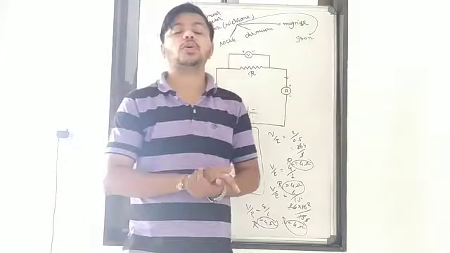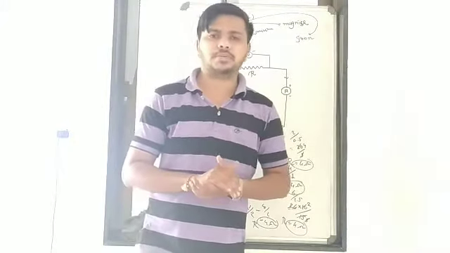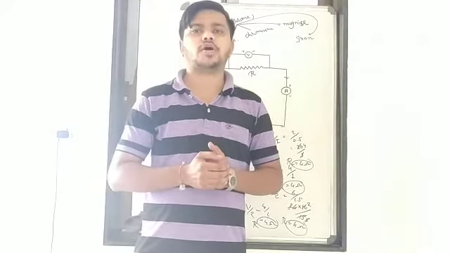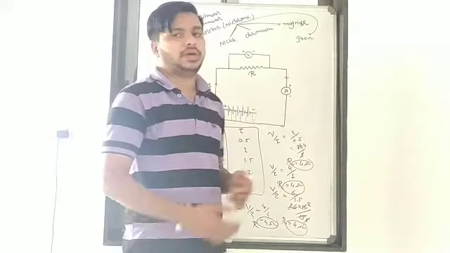What you have to do: first of all, you have to arrange all the apparatus as shown in the figure. Then you have to connect one battery and let the electric current flow from it. Now you have to note the readings of the ammeter and the voltmeter.